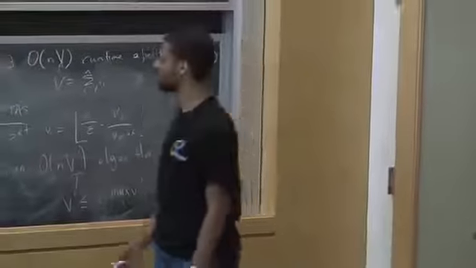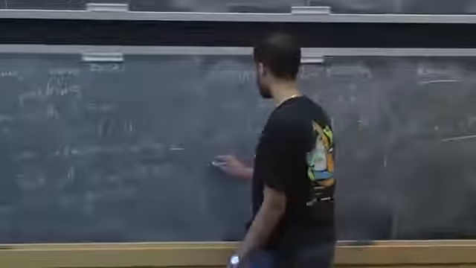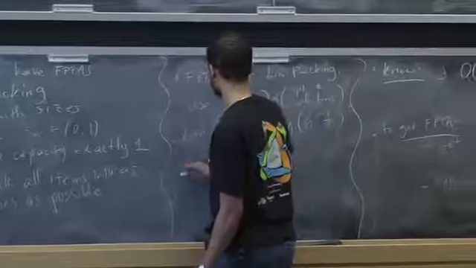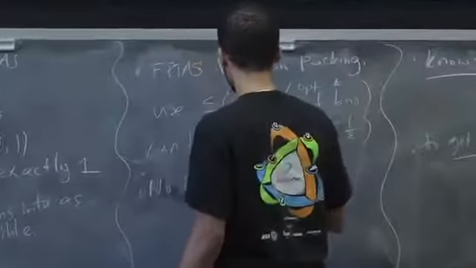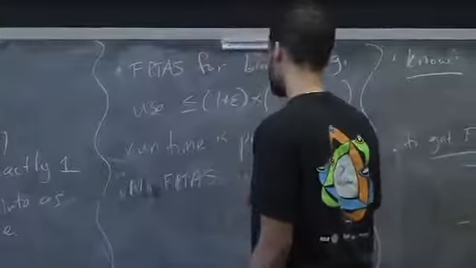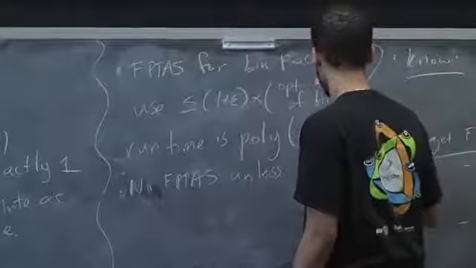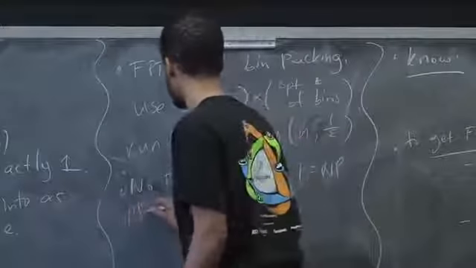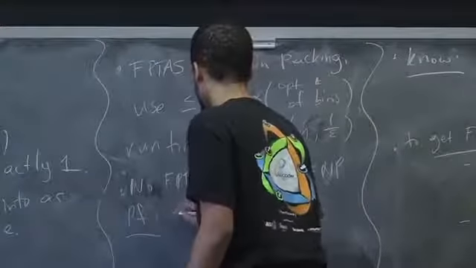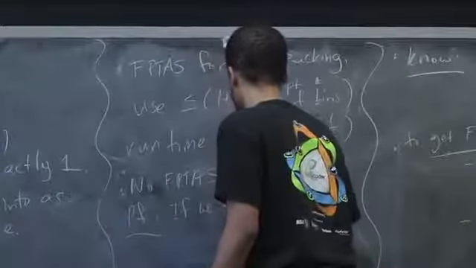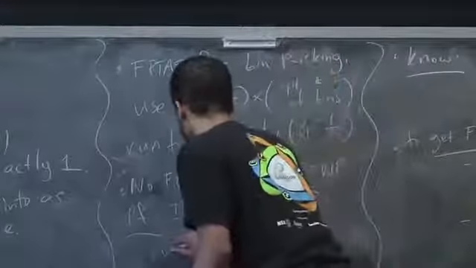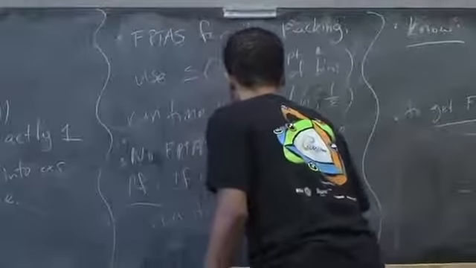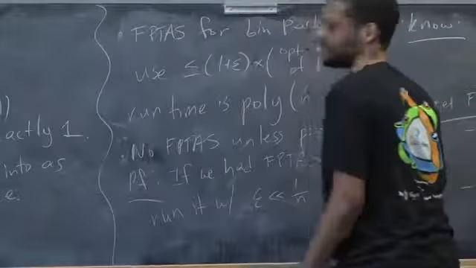Yeah, right. So the reason we don't have an FPTAS, unless P equals NP. What's the proof of that? If we had an FPTAS, run it with epsilon much less than 1 over n or something.